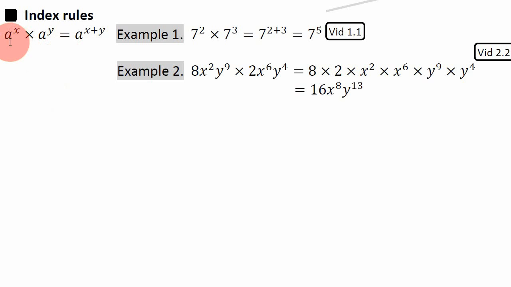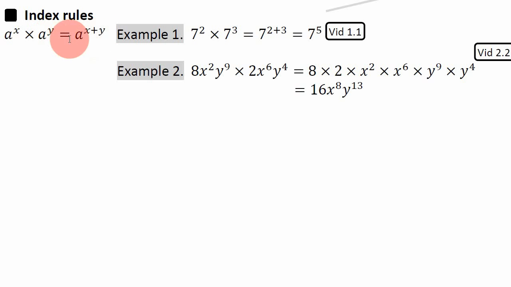If you've got a number a to the power x times that same number a to the power y, then the answer is going to be a to the power x plus y. So basically, if you multiply two things together, they've got to have the same number, but you can have different powers, or even the same powers, then the answer has the same base number, we call it, at the bottom, but the powers are added.